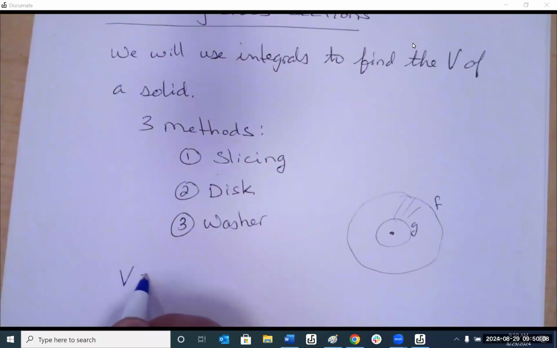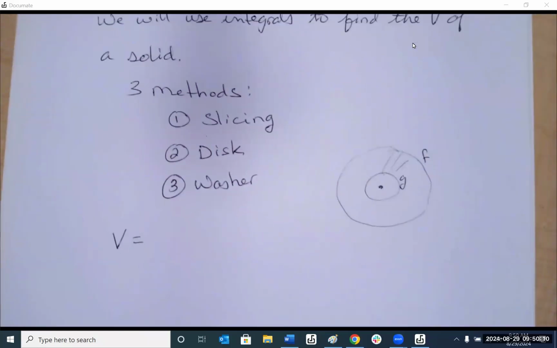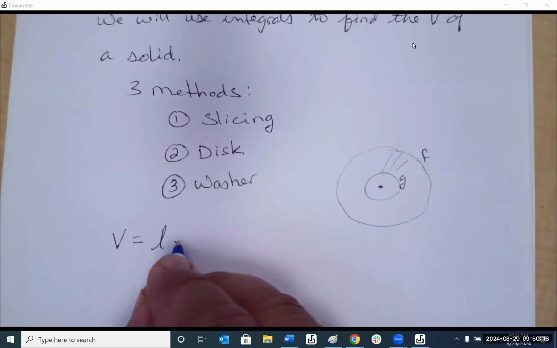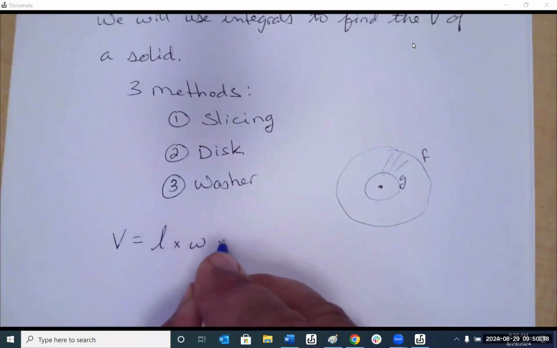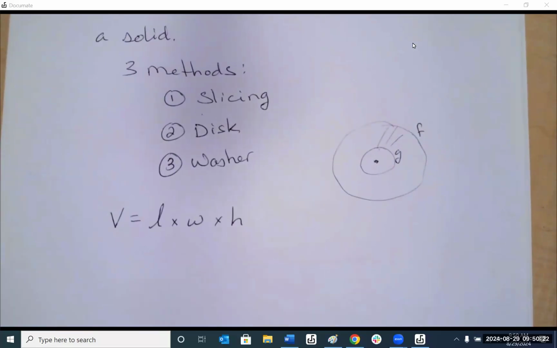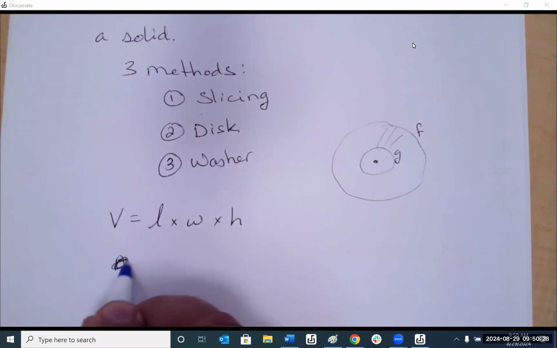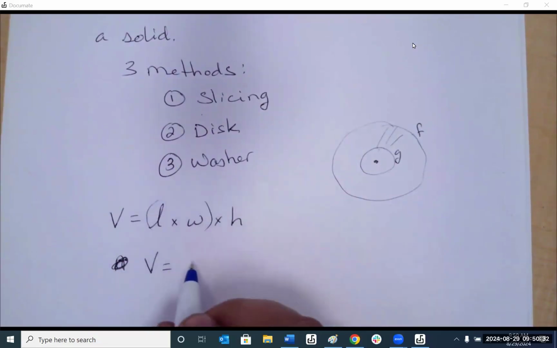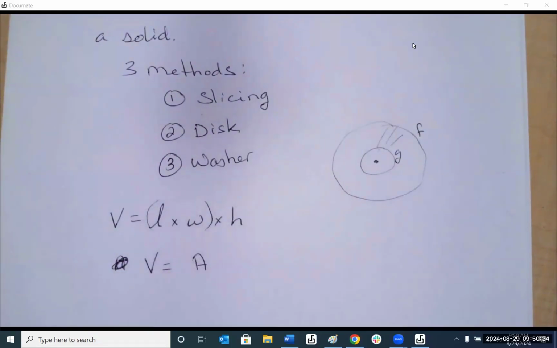So the volume, what defines a volume? Length times width times height. And it's still going to apply in calculus. But length times width is the area.